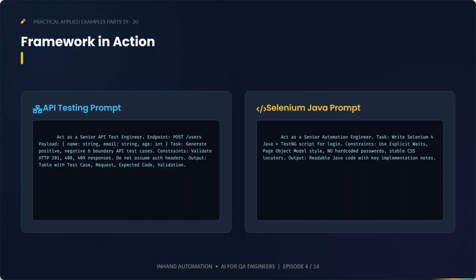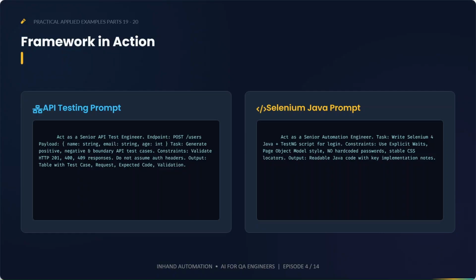We understood breaking complex tasks into smaller steps, using AI as a reviewer, protecting sensitive information, and most importantly, never blindly trusting AI-generated output. If you remember only one thing from today's episode, remember this: don't just ask AI a question, give AI the information and instruction required to perform the task properly.